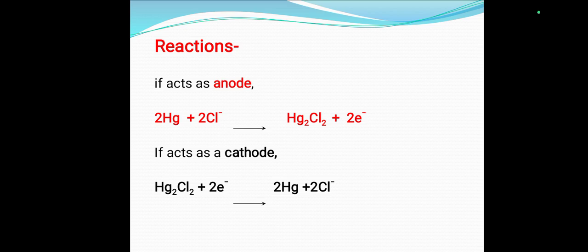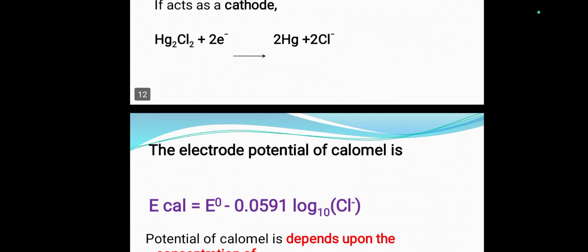So the anode reaction is forward; if we make it backward, it will become the cathodic reaction. Mostly in exams, the reactions part will not be asked, but just for information, I am telling what kind of reactions will take place if Calomel electrode acts as an anode and if it acts as a cathode.